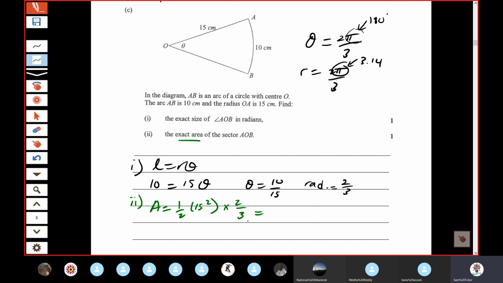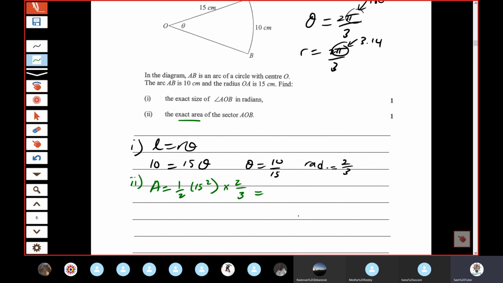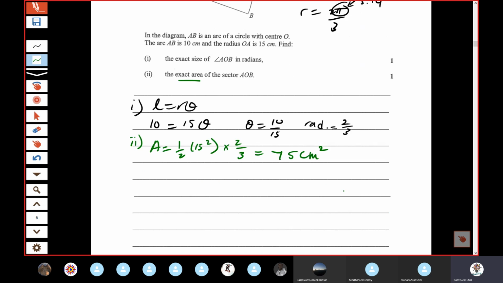It says find the exact area, so whatever that gives you in your calculator. 15 squared times 2 on 3 divided by 2 is 75 centimeters squared. You won't lose a mark for centimeters squared, but it just makes you look better if you write it. Any questions? Nice and easy. Let's try another one.